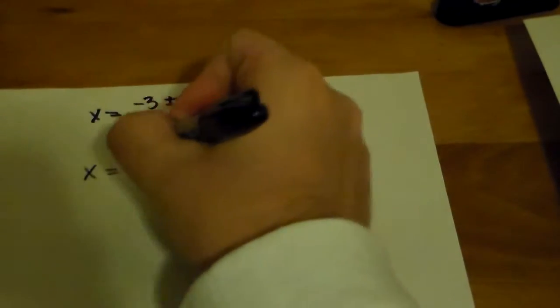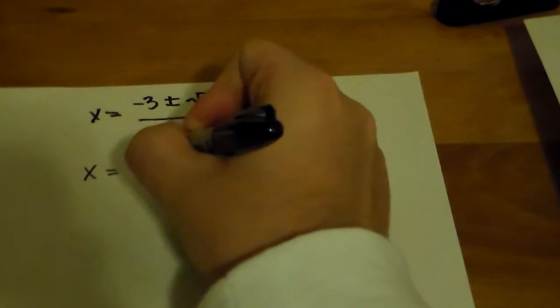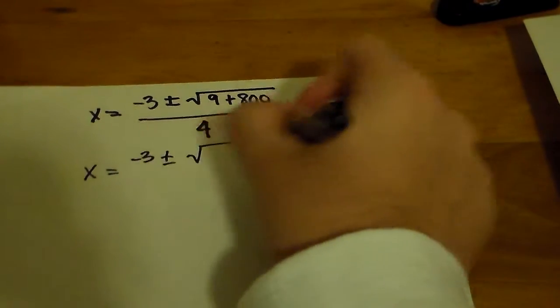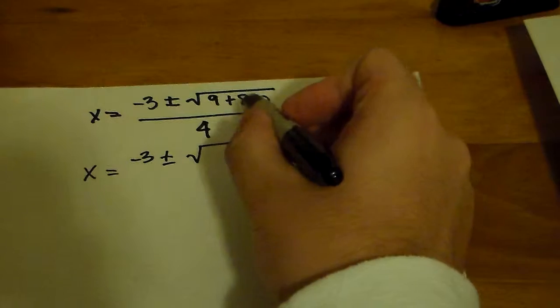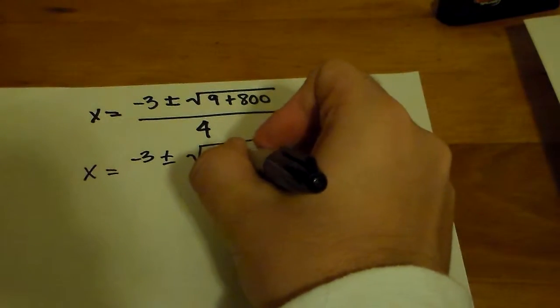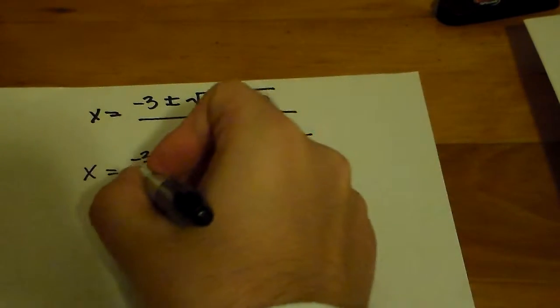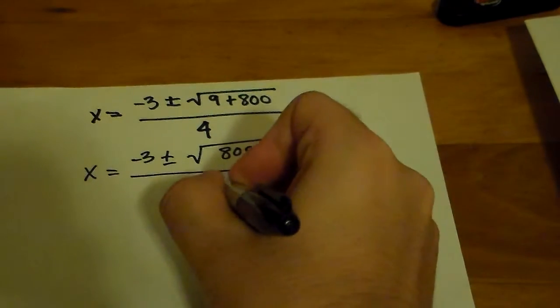Alright, so x equals negative 3 plus or minus the square root of 800 plus 9, which is 809. All that is over 4.